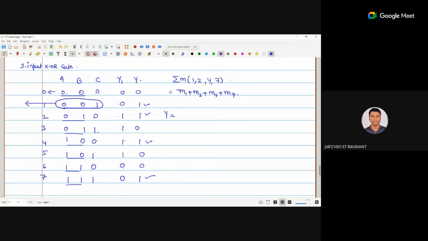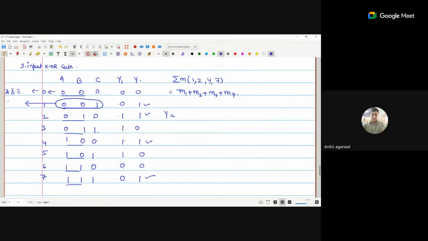Yes. So for the first condition, what is the SOP term? A0, B0, C0, so A bar, B bar, C bar.